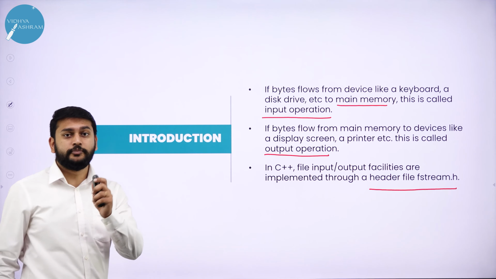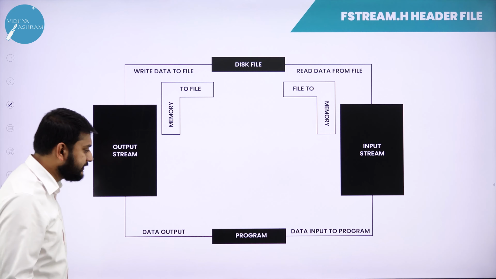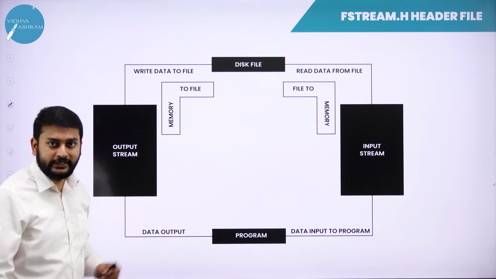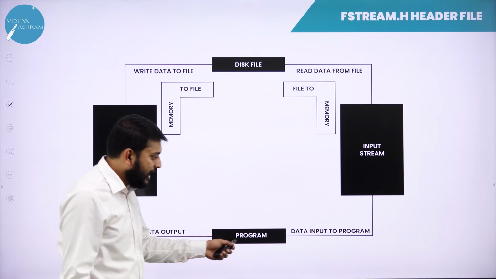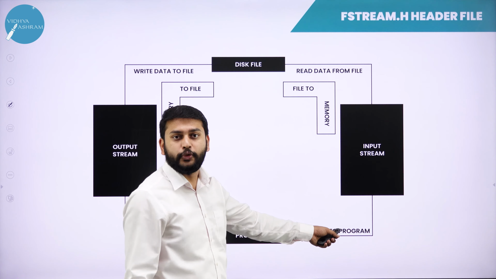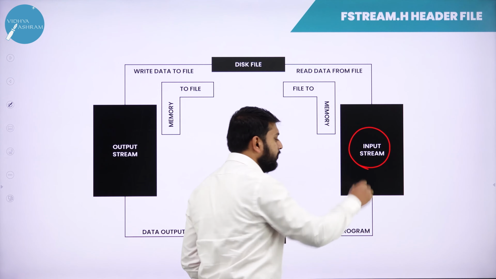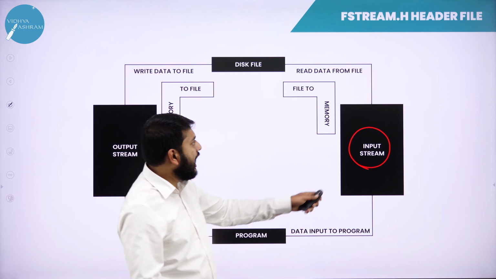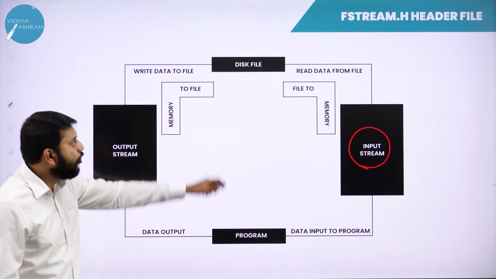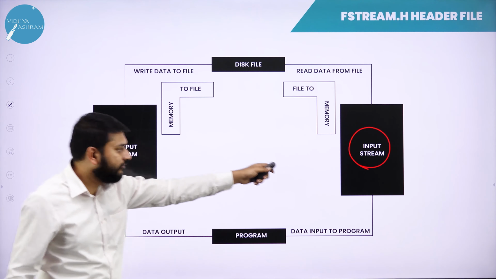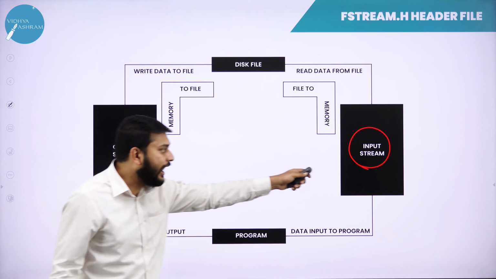Actual picture starts from now. So guys, that is what they have depicted here. I have my program. Data input to the program will be handled by the input stream. After that, the data read from the files goes to the memory.